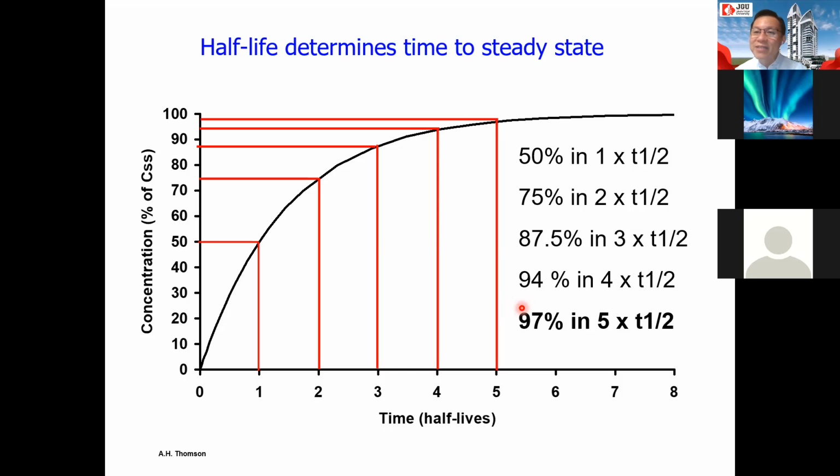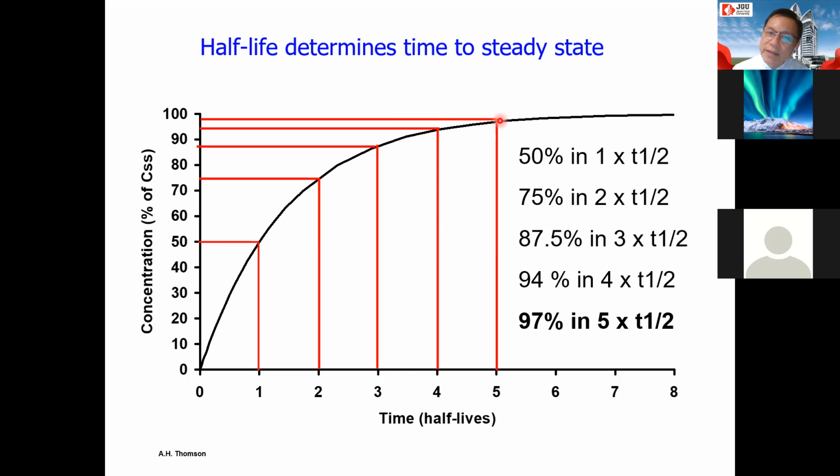What is the big deal of steady state? Is it because steady state helps to know whether the drug is in the therapeutic range or not? Yes, one thing you can say is that all the therapeutic ranges are steady state therapeutic ranges.